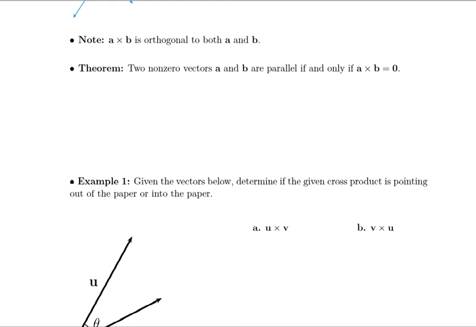The way to make sense of this is that if the zero vector is your cross product, then by the definition of a cross product, the magnitude of A times the magnitude of B times the sine of theta equals zero. But we said that A and B are non-zero, so the magnitude of A isn't zero, neither is the magnitude of B, so the sine of theta must equal zero.